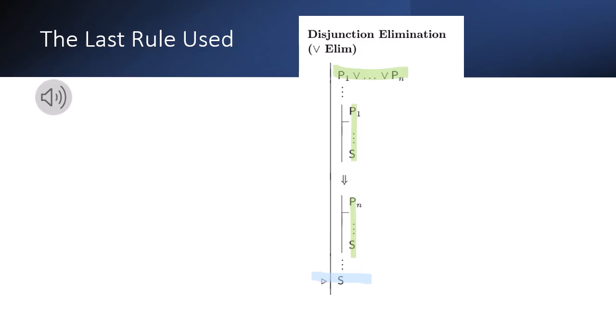And therefore, that S is not only a tautological consequence of the assumptions in play at that particular line, but we can sort of discharge that assumption of Pi because we know it's true based on the disjunction up at the top. Now, again, we don't know which i it really is. It could be i is equal to 1 all the way up to i is equal to n. But the fact that we have subproofs for each of those possible cases just tells us that we have to go down to that particular subproof and then identify S as this tautological consequence.